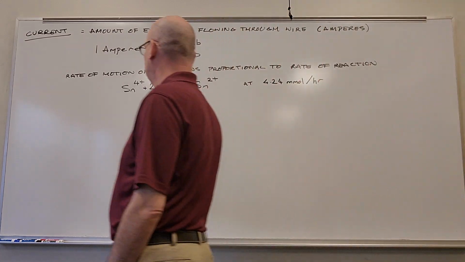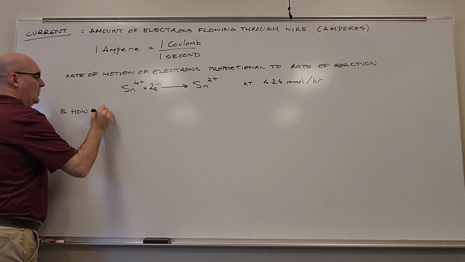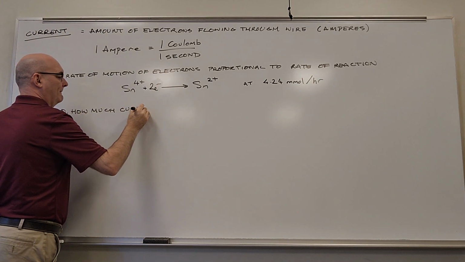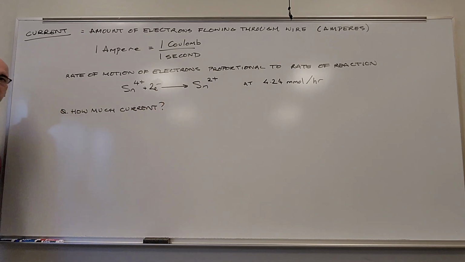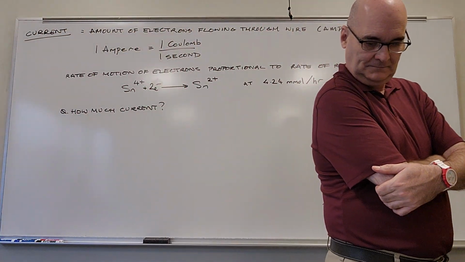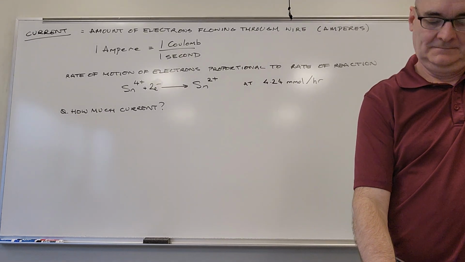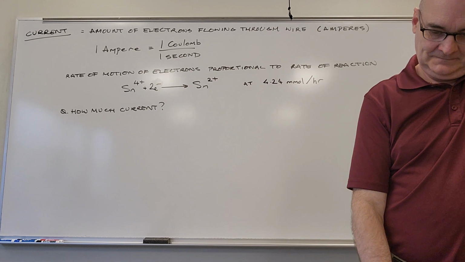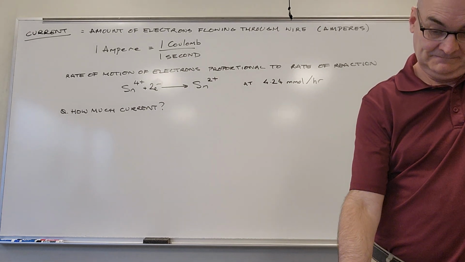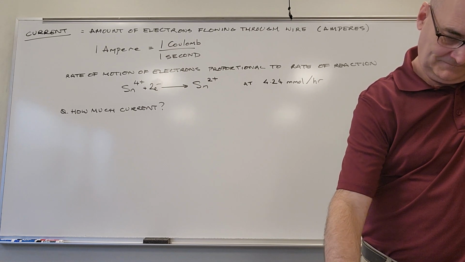So it will become 0.0042 moles per hour. We need moles per second. So we multiply that by 2, and divide by 3600, times that by 1/16.